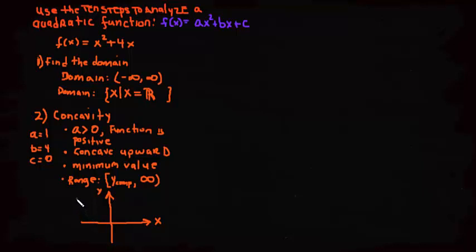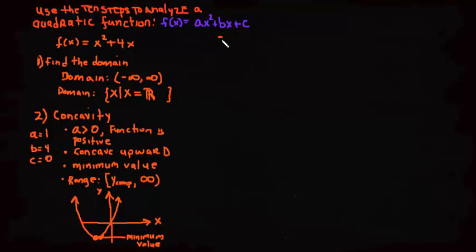So it's going to basically look like this. It's concave upward, and it's going to have here, folks, a minimum value. And as you can tell, whatever this minimum value is, it goes all the way up to what? Positive infinity. This is going in the positive direction. You see that? So that's the analysis of the concavity of this function.